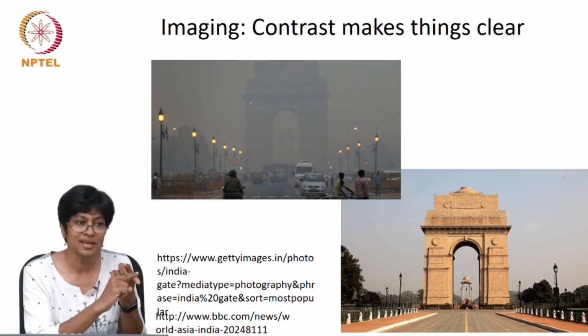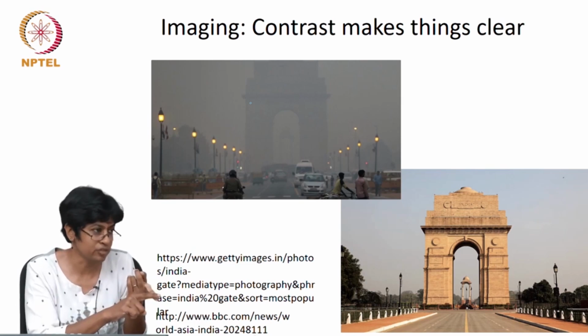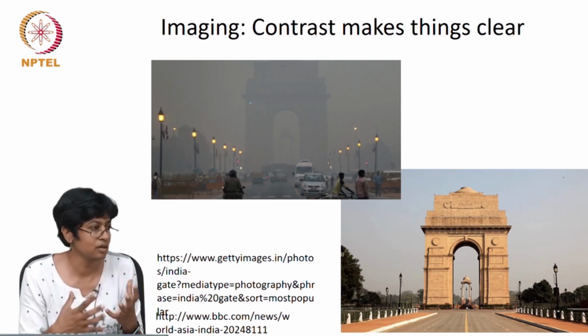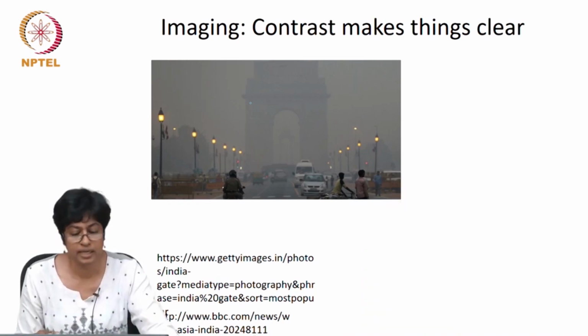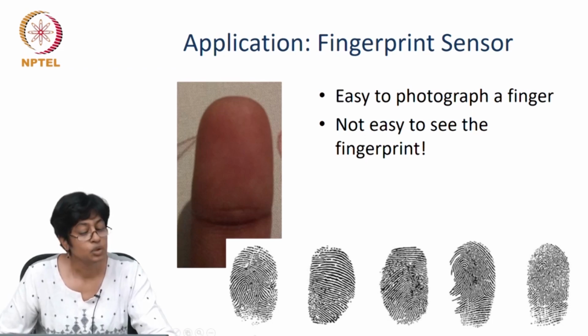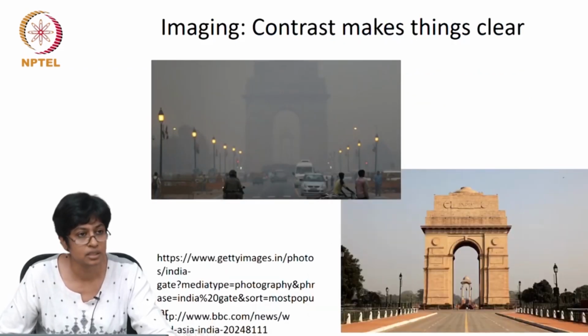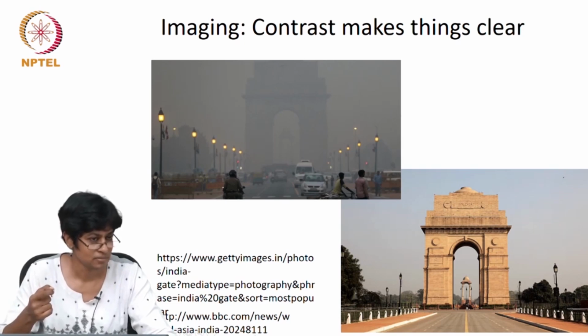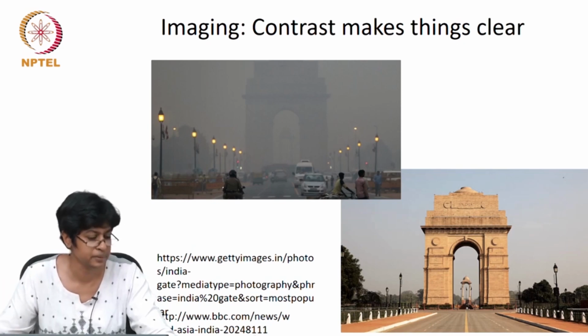So it looks like almost a continuous surface. You can make out there's some faint structure there, but not clear enough for you to get these nice clear patterns as shown down here. So if you want to make a fingerprint sensor, you want to somehow enhance those differences. That would be the goal of a fingerprint sensor.